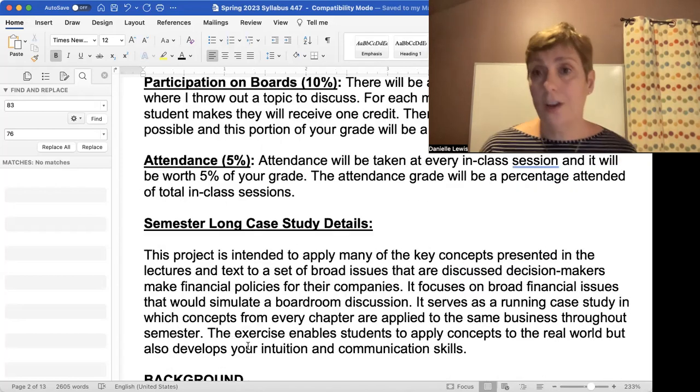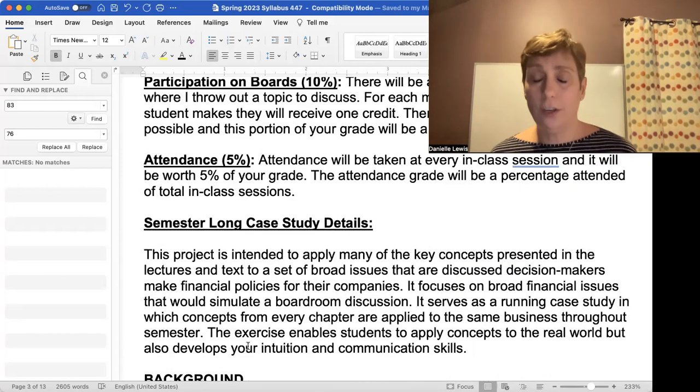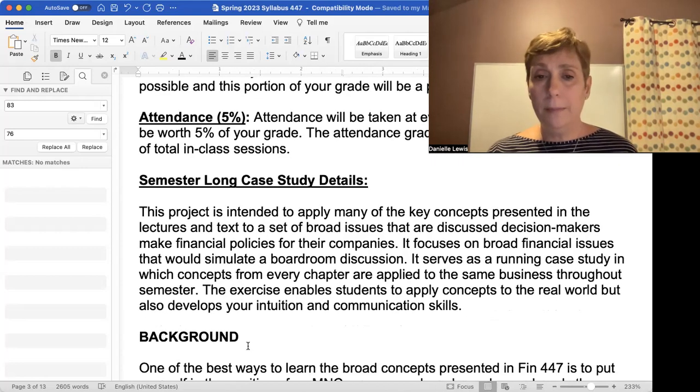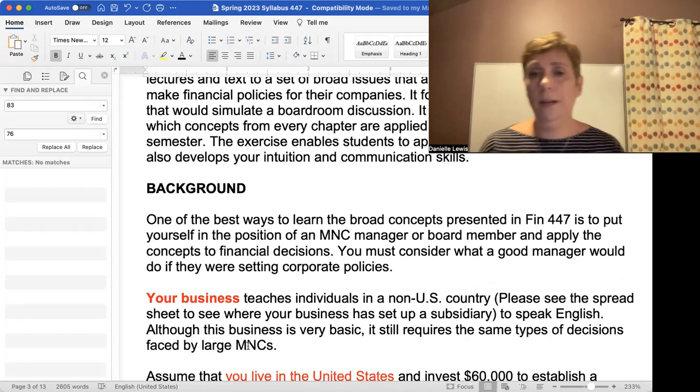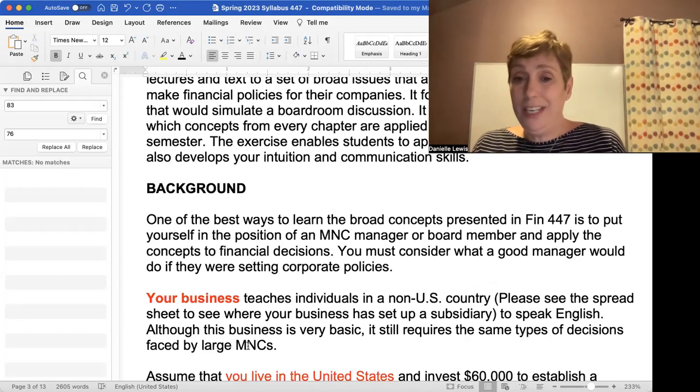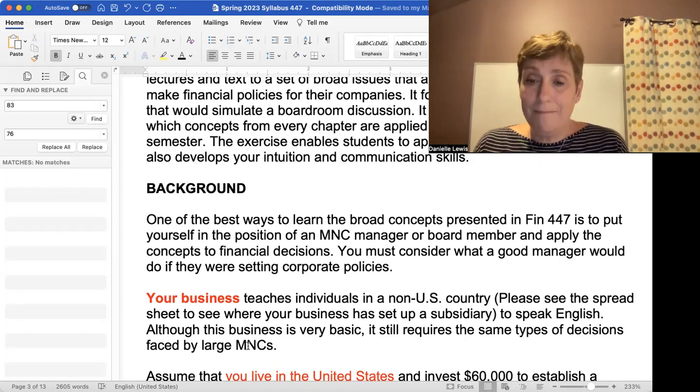As far as this ongoing case study that you're going to be dealing with every chapter, the background on this is that each one of you is going to be running a business and you're going to be teaching English in a non-US country. And so each one of you, I've assigned a country to. It's in a spreadsheet on Moodle, right by the syllabus, so you can see.